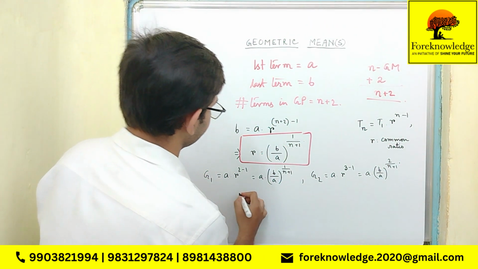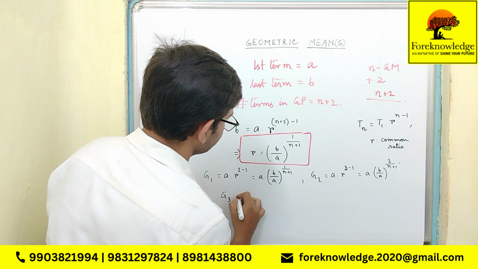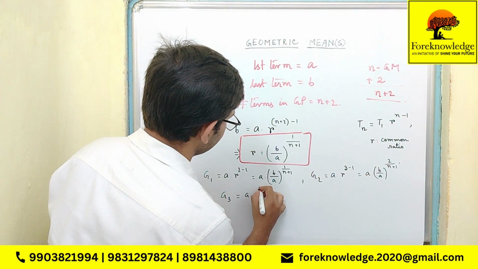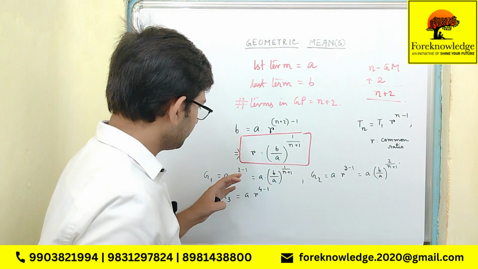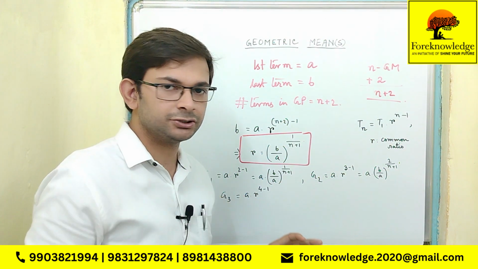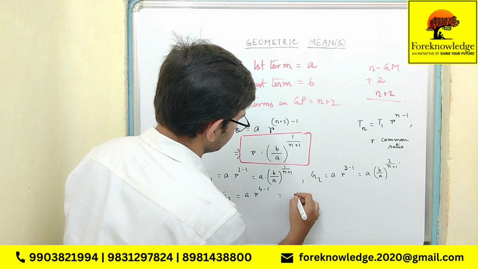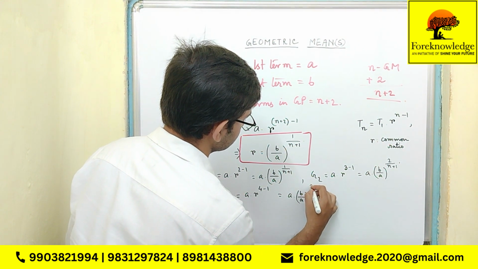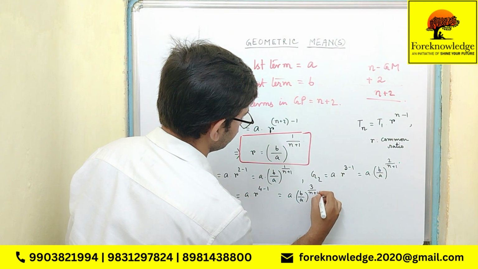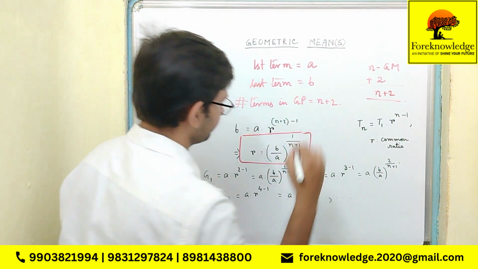Then G3 is A into r to the power 4 minus 1, because this is the fourth term of the GP and the third geometric mean. So this is A into b by a whole to the power 3 by n plus 1, and so on.